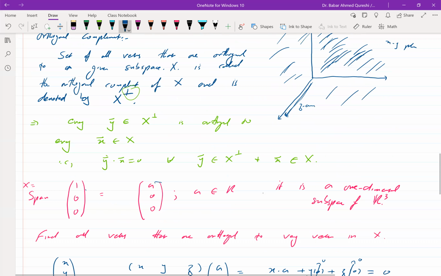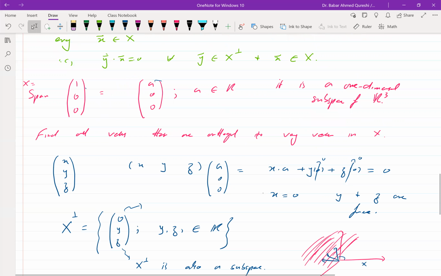Similarly, it happened over here that if I consider this plane as my starting space, then the orthogonal complement, which was this one-dimensional space, also turned out to be a subspace.